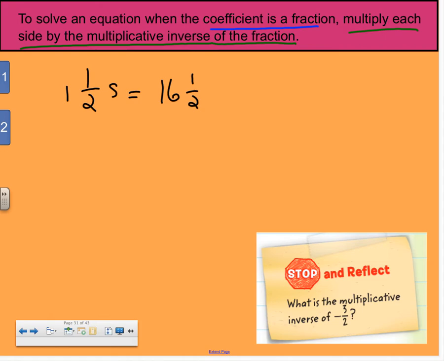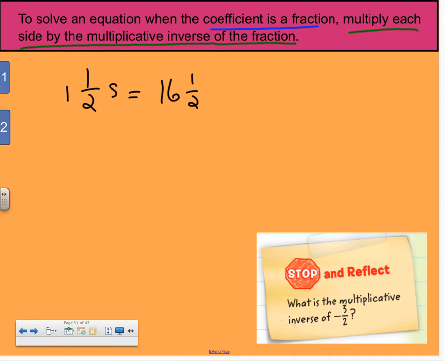Anthony. Okay, Anthony said there's whole numbers with it, and that's correct. So we call these mixed numbers because we got whole and fraction. And what we have to do is eliminate the mixed numbers. Okay? So we want to turn them into improper fractions. All right?